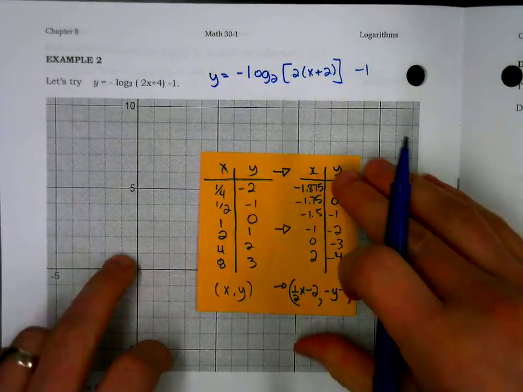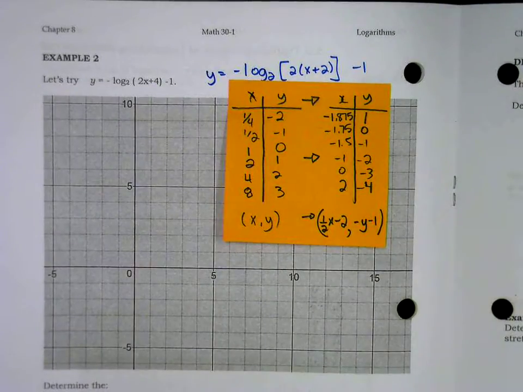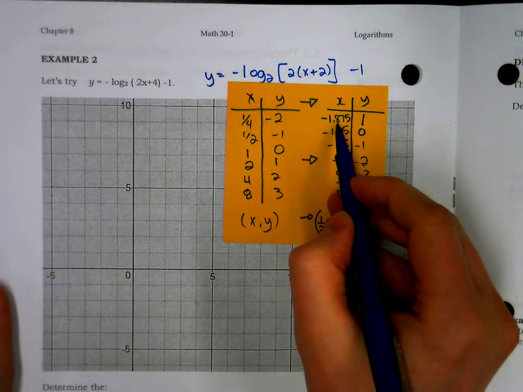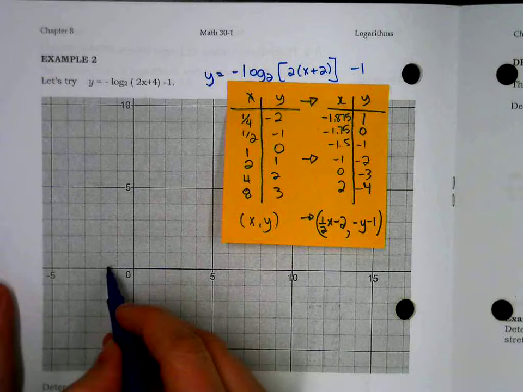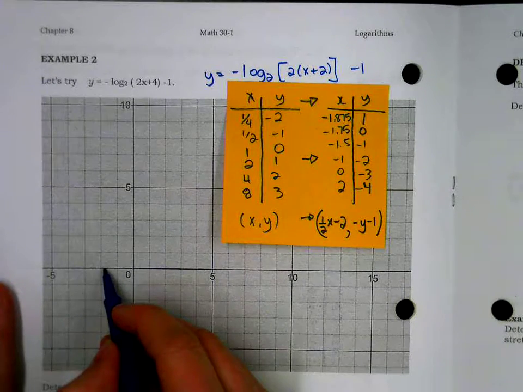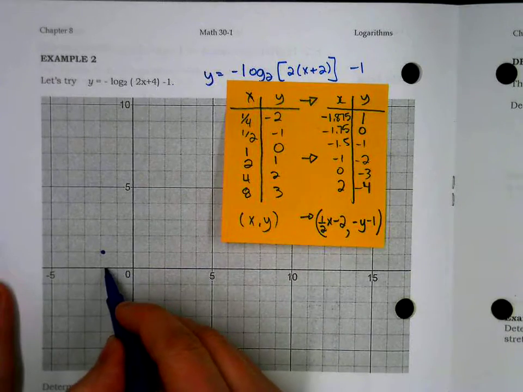So let's graph these without having to produce the original function. We have a -1.875, which is a bit tricky to be exact with, but let's just say it's very close to -2 and up 1. We have our -1.75 at 0.